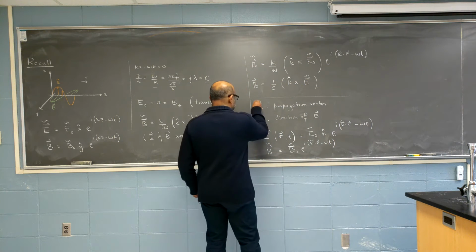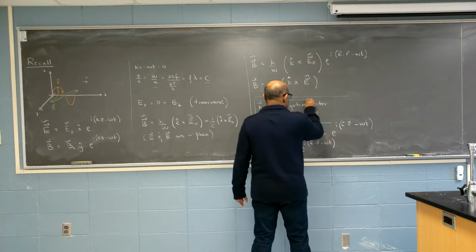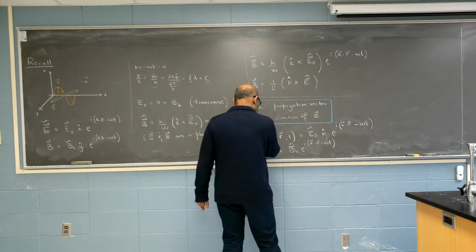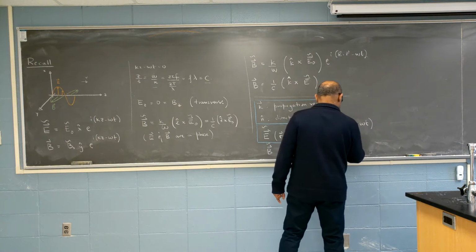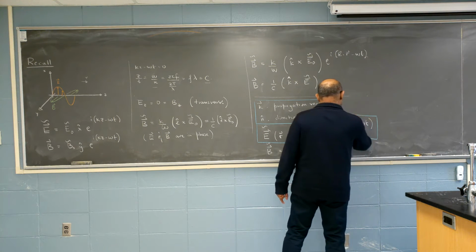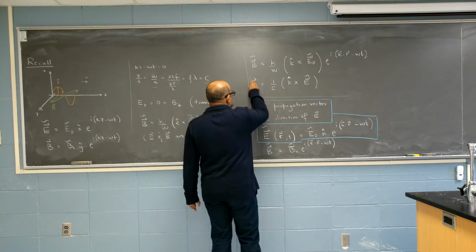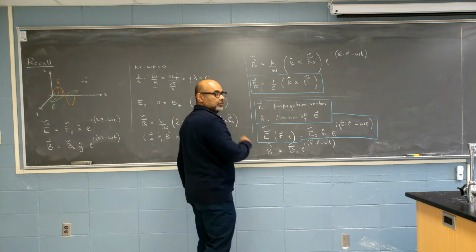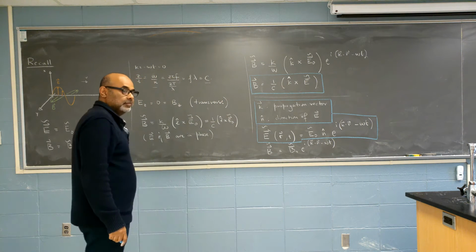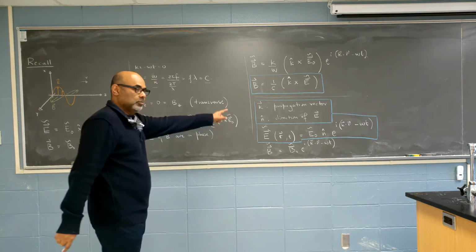If it's propagating like so, that electric field is given by this, that's the final form. And the magnetic field is easy to remember. Don't worry about details. And when you apply it to the previous case, it will just work out.